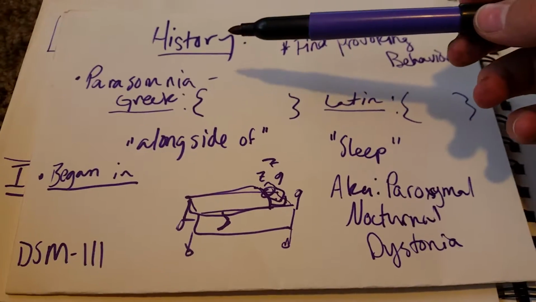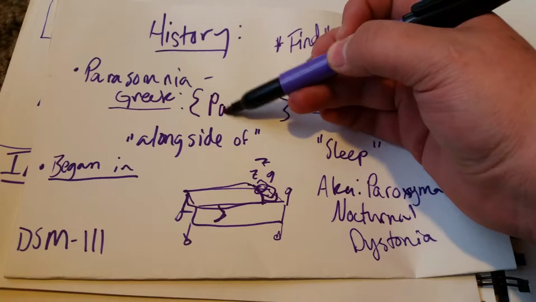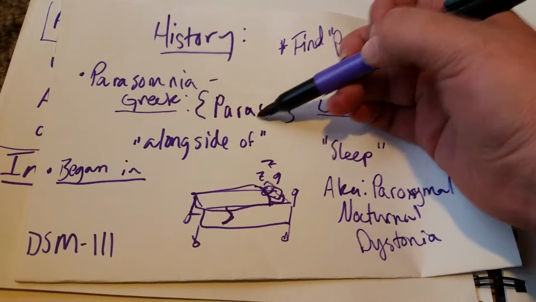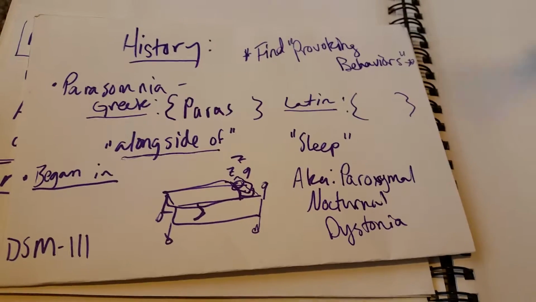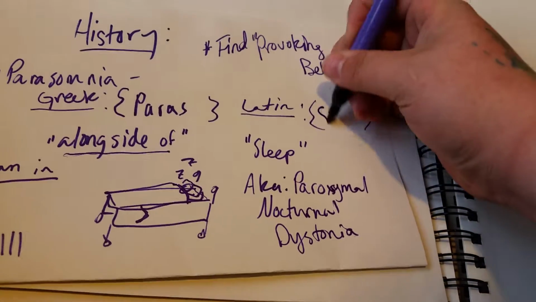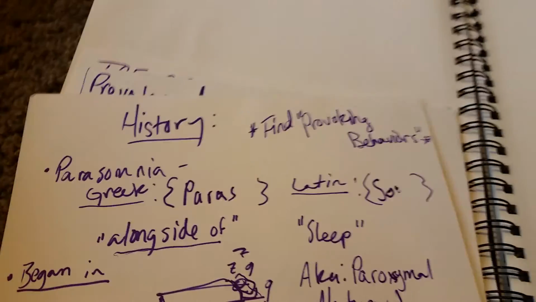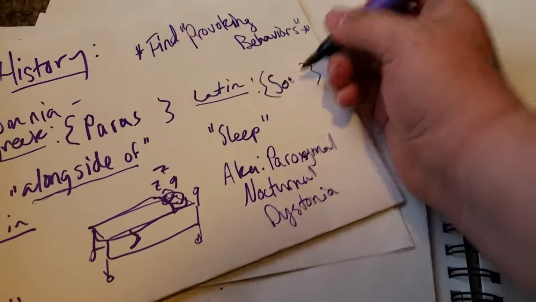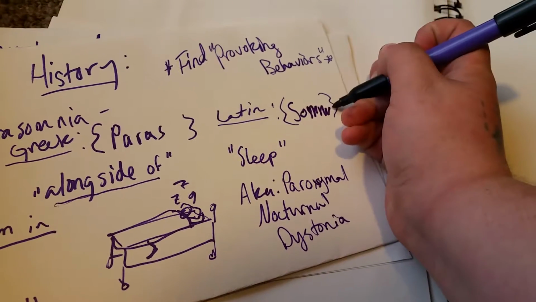Parasomnia is derived from Greek paras, which means alongside of, and Latin somnus, which means sleep.